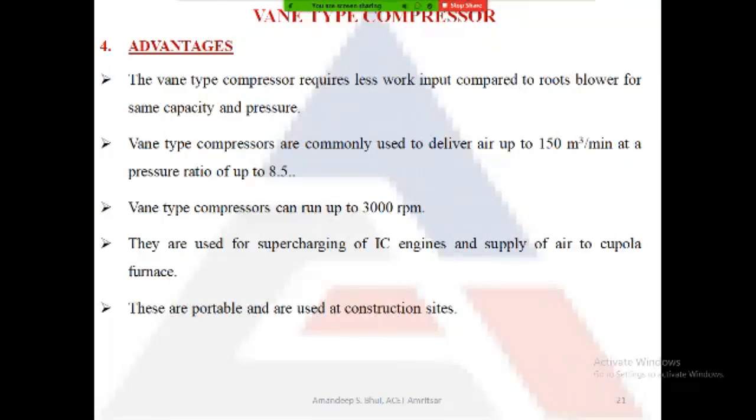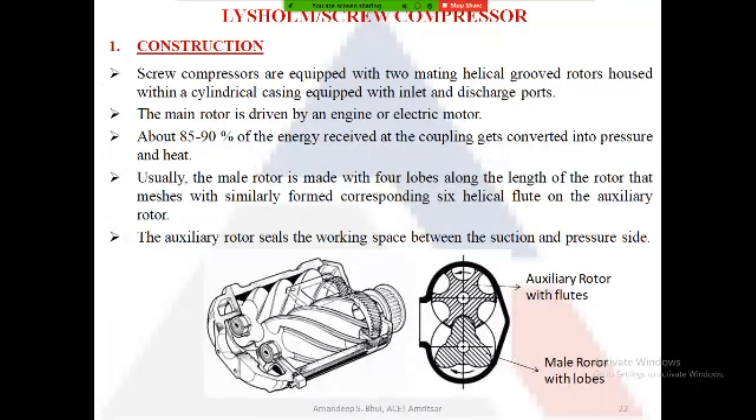Okay, the next type of compressor in line is the Lysholm or screw type of compressor. As we see in the bottom diagram here, the main parts: this black outer part is the outer casing of the Lysholm type of compressor. And in here you can see that there are two types of rotors.